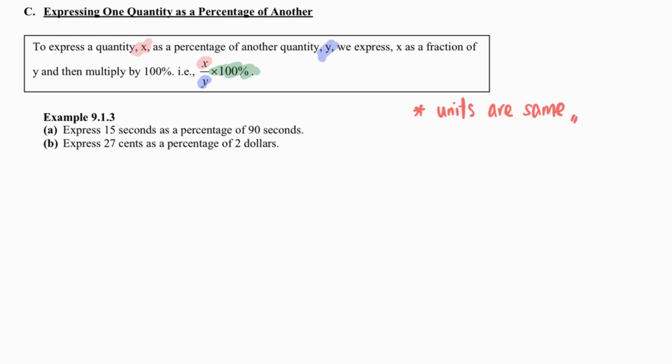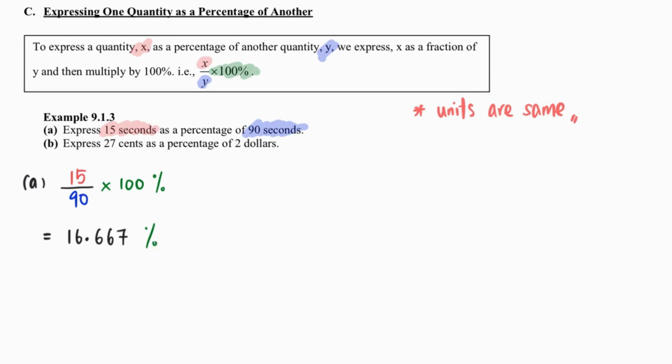Let's look at this example here. Part A is straightforward, as we are required to express 15 cents as a percentage of 90 seconds, and using what we have just learned, the required percentage would then be simply 15 over 90 multiplied by 100%, and this will give me a value of 16.667%.